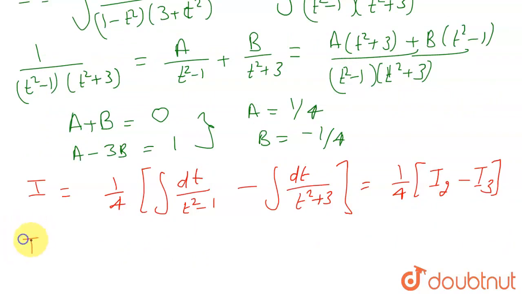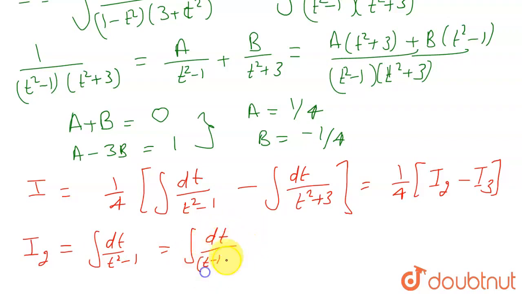So our I2 will be equal to integration of dt upon t square minus 1, which we can write as integration of dt upon (t minus 1)(t plus 1).